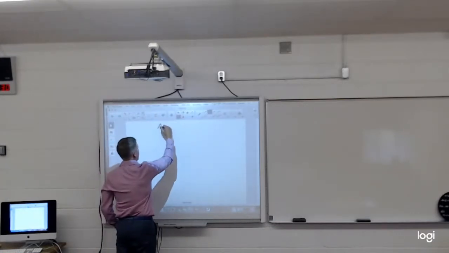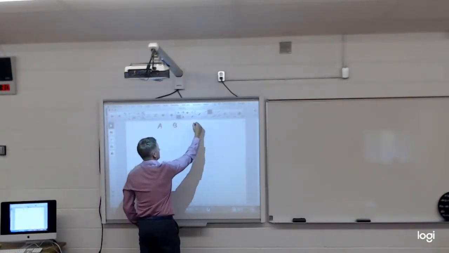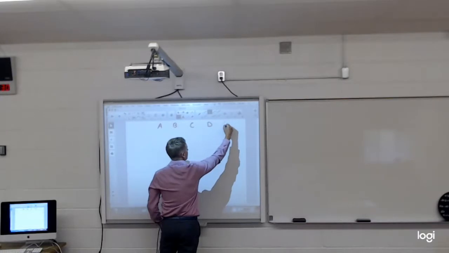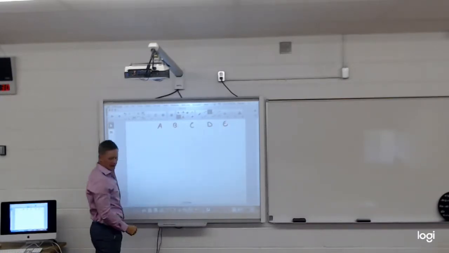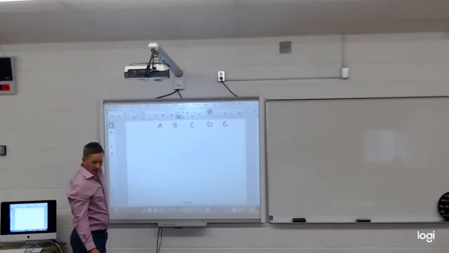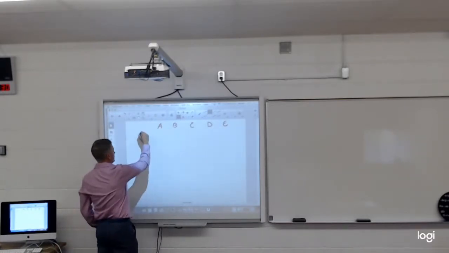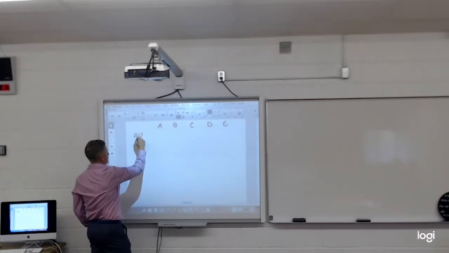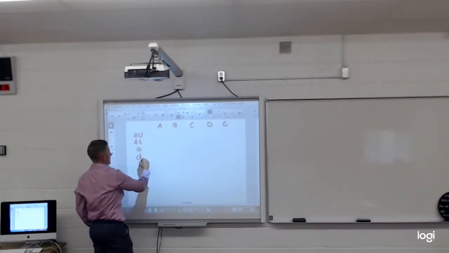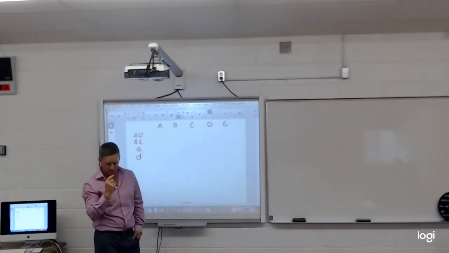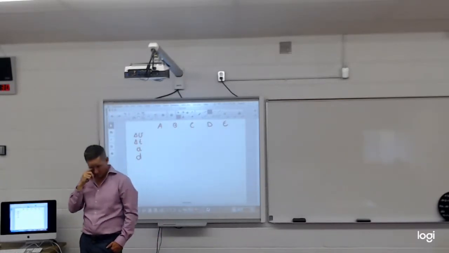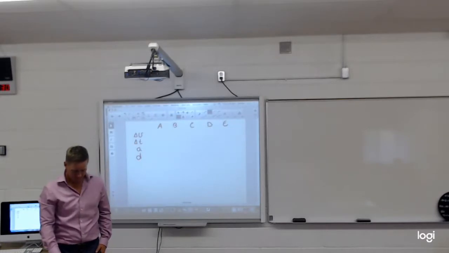So I have A, B, C, D, and E. You should write that down. Okay? All right. And I want to find velocity, time interval, acceleration, and I'm going to calculate my displacement. On page 62, right?